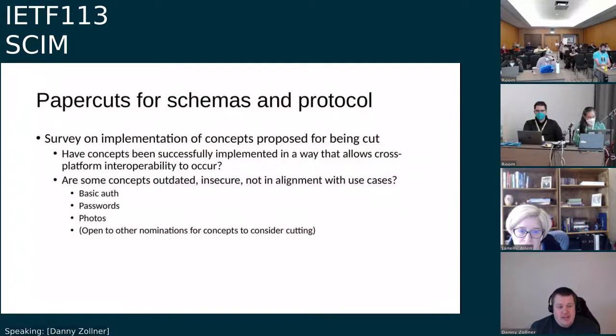And so we'd like to get feedback on that and start the ball rolling on either cutting or resolving issues with certain parts of the existing standards.